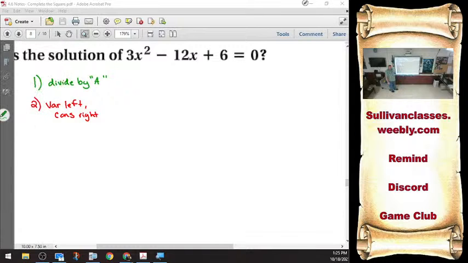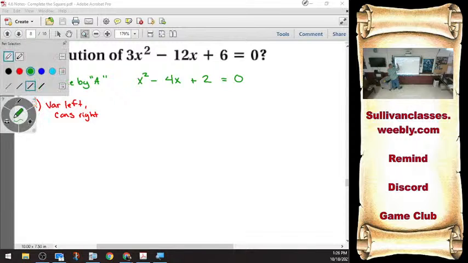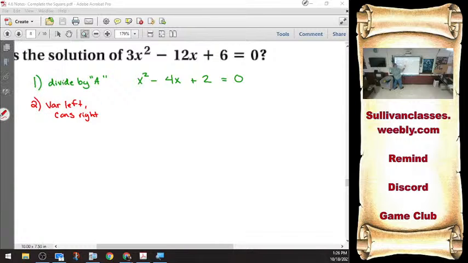These are interchangeable because the order you do them in won't change what happens next. So step 1, divide everything by a. If I divide this by a, this by a, this by a, 0 divided by 3 is still 0. Variables on the left, constants on the right.